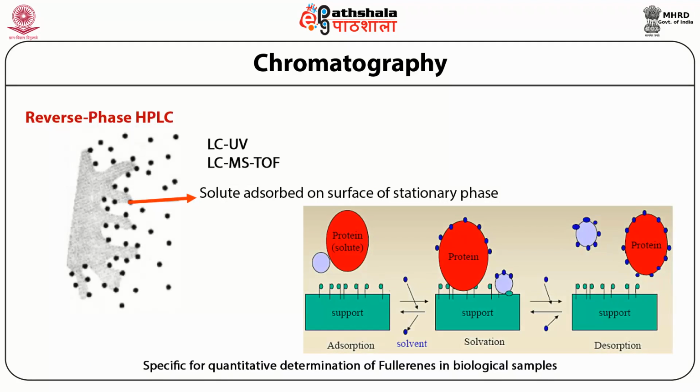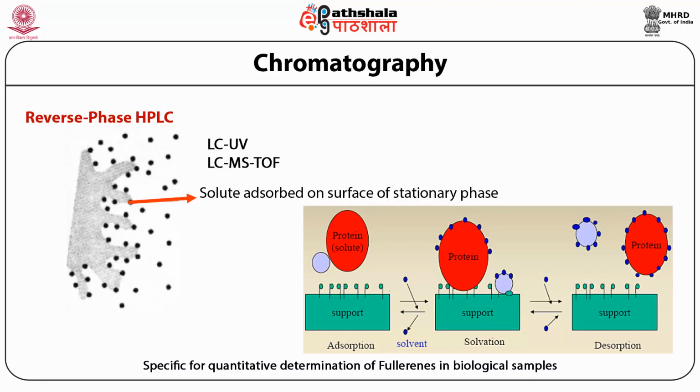The reverse phase high performance liquid chromatography is also nowadays increasingly used in the determination of nanoparticles. It works on the principle of adsorption. The solute is adsorbed, so here the solute is nanoparticle. It is adsorbed onto a solid surface, we call it stationary phase.